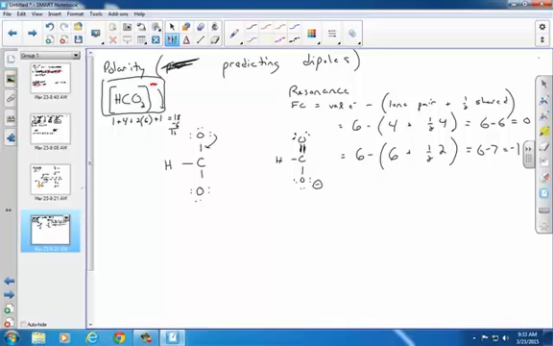Is it correct to say that in this molecule, the bottom oxygen will be negative and the top oxygen will be neutral? Well, I just calculated those formal charges. Why is that not correct? Resonance, right.